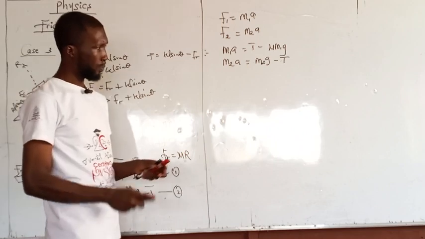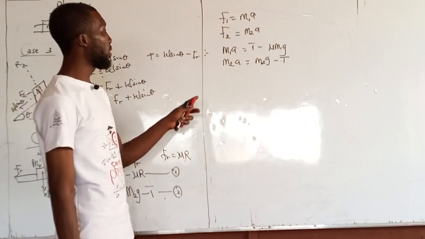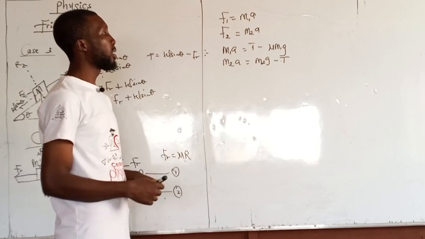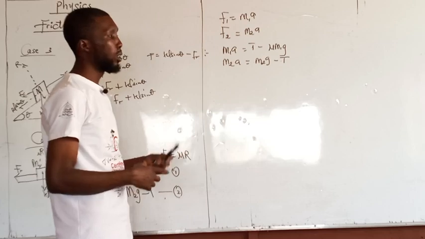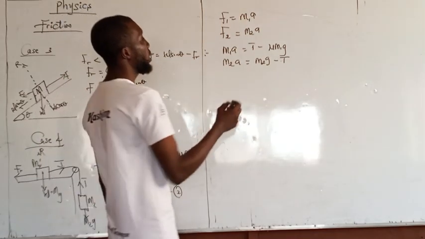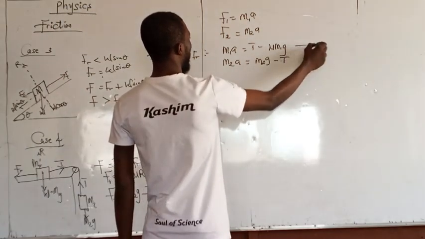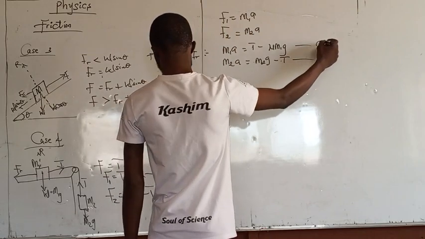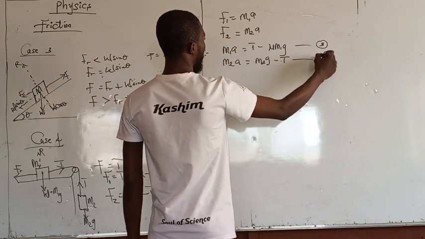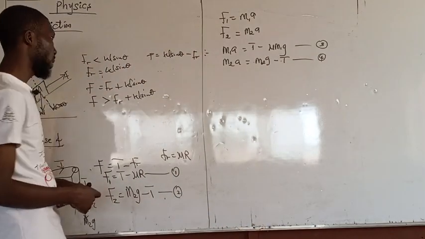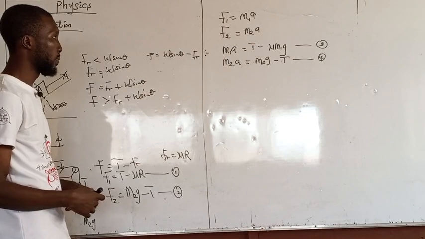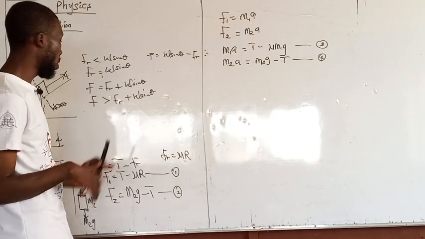And mind you that the acceleration is equally the same. From here you can use a formula for acceleration, you can use a formula for tension, as the case may be, but I prefer solving the equations simultaneously whenever I need to. So you can leave it this way and see that this is how you reduce this aspect. Yes. So this is it for a smooth plane.